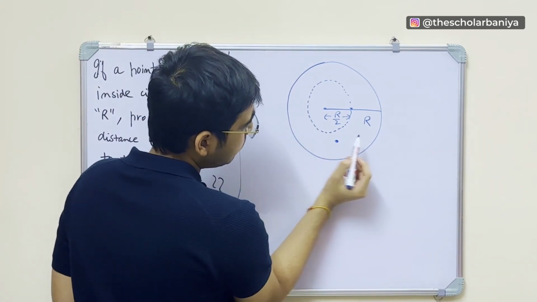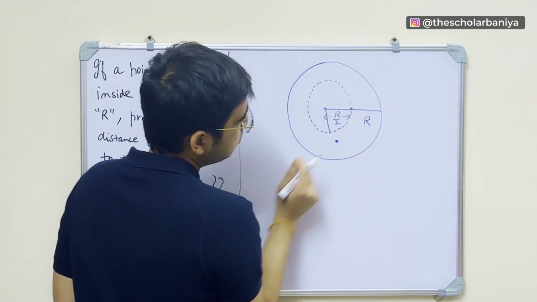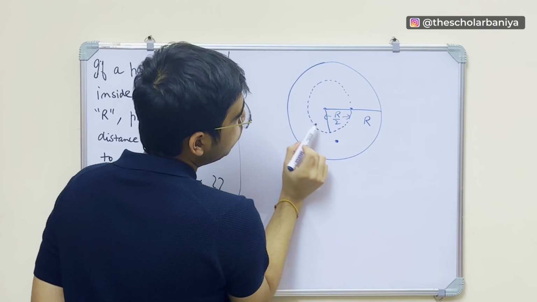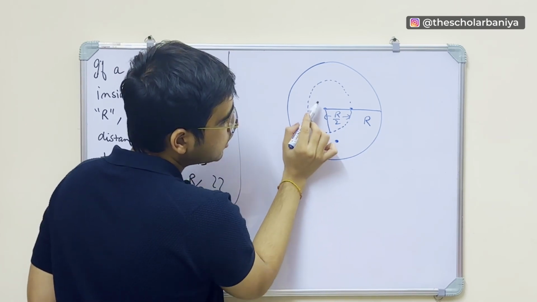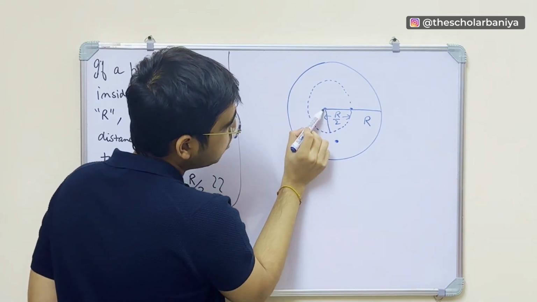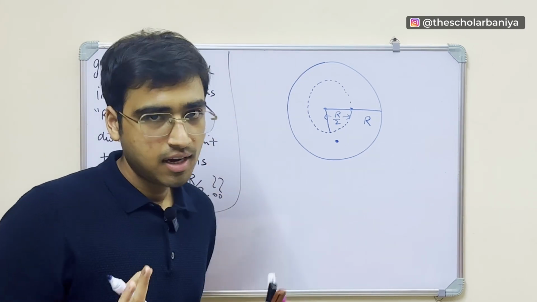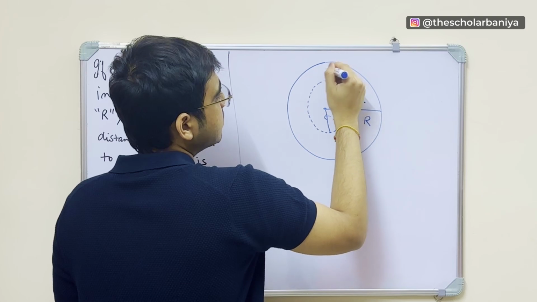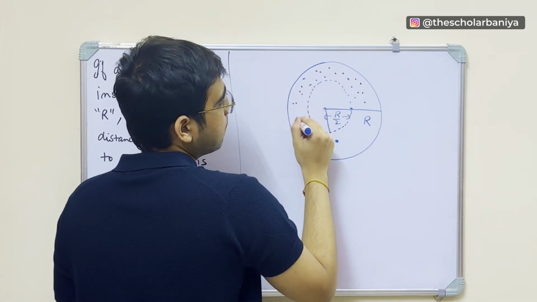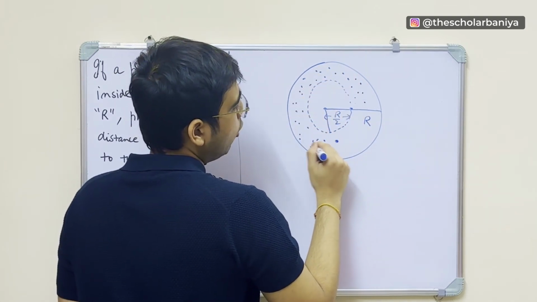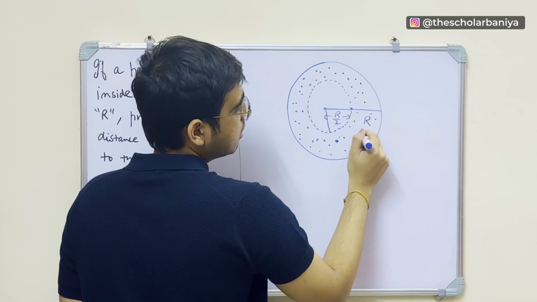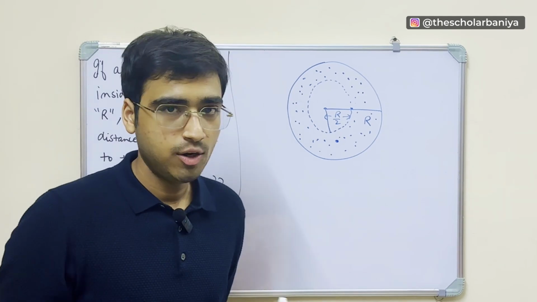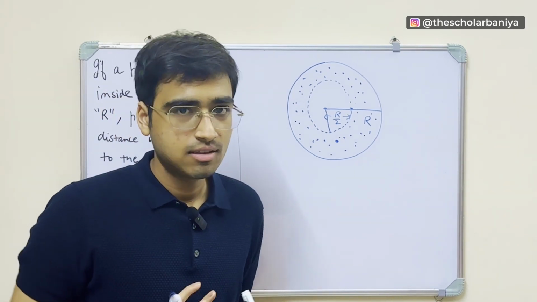Because this distance is r by 2. So obviously the distance from the center to this point will be greater than r by 2. Similarly, if you take any point outside this circle, all these points, the distance to the center will be greater than r by 2. I hope this should make sense.